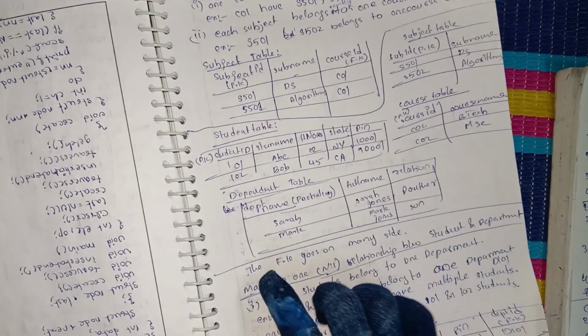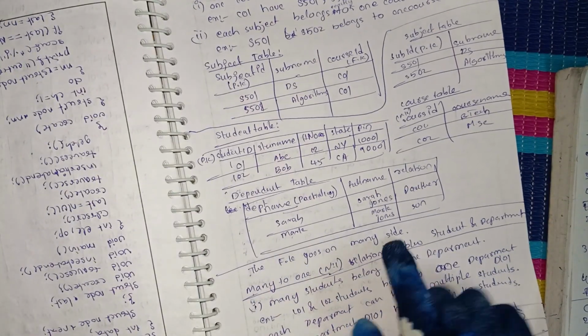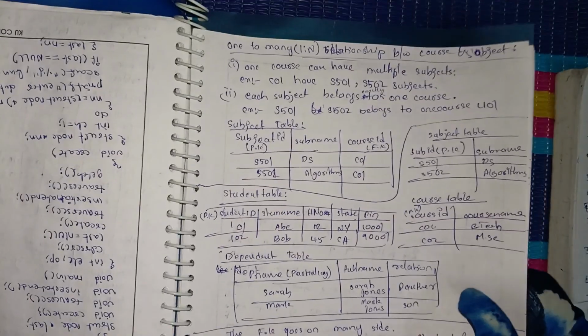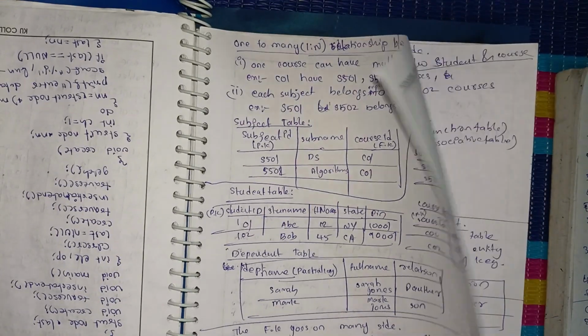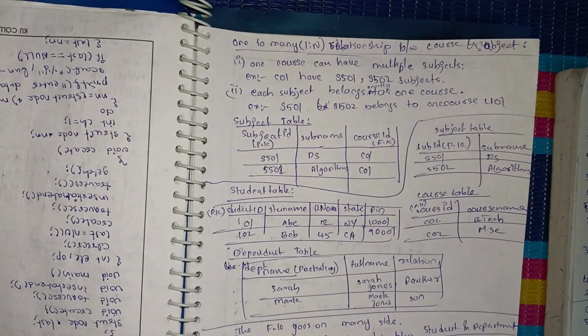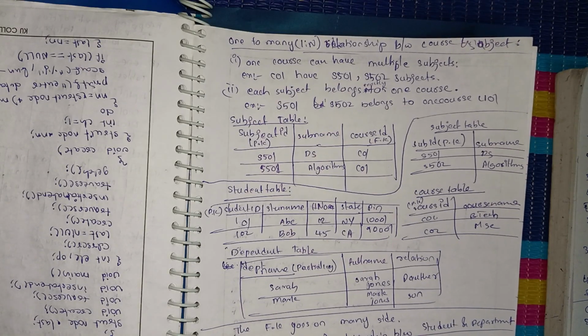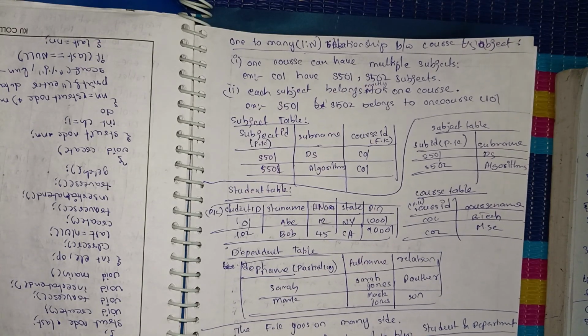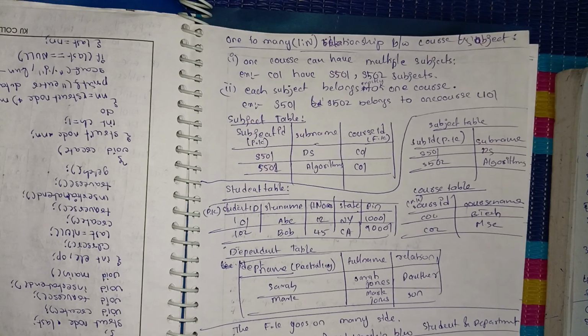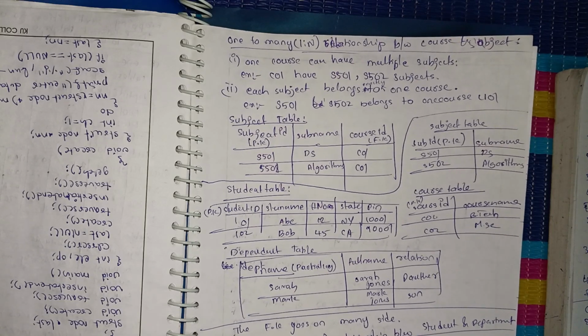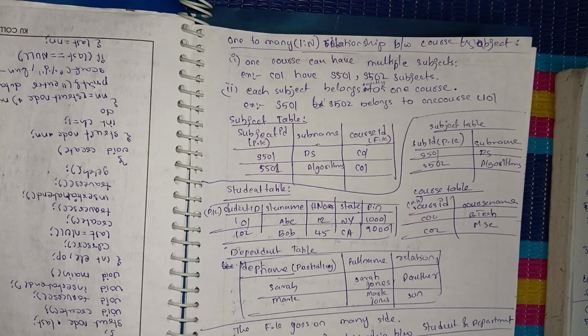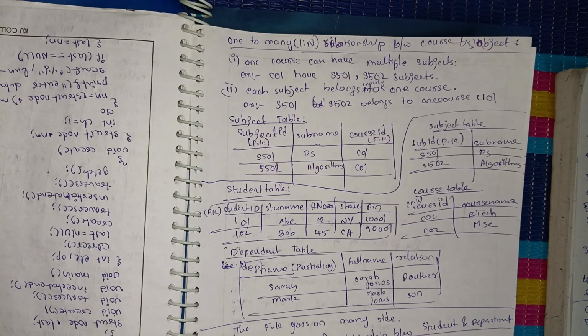And here the foreign key goes on the many side. We already know the rule for one-to-many, as I said in the previous class: the primary key of the one side table is placed in the many side table, in the one-to-many relationship and in the many-to-one relationship also, to get an output table.